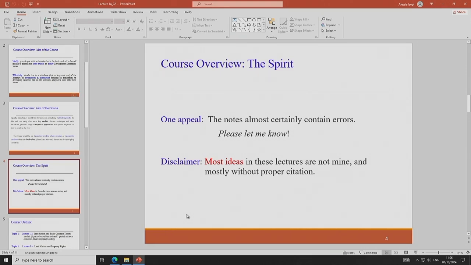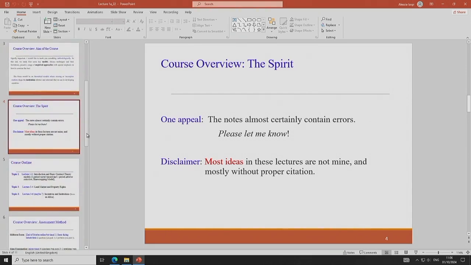The majority of these ideas, as I said, are not mine. Most of the time they will not be cited properly. If you spot any issue, any typos, any mistakes, just please let me know, and I'll be very happy to change them.